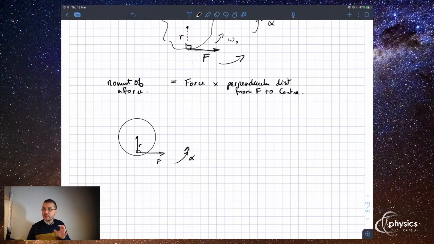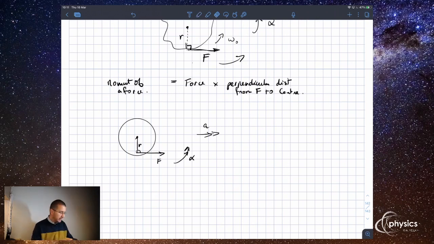But if you look closely at this diagram, you can identify that there is a resultant force as well. If I draw a free body diagram of this object, I just have that force acting on it in that direction. Therefore, since I have only one force pointing in one direction, besides angular acceleration, because I have a moment, that force is also acting as a resultant force on the object. So the object will, at the same time, perform linear acceleration.